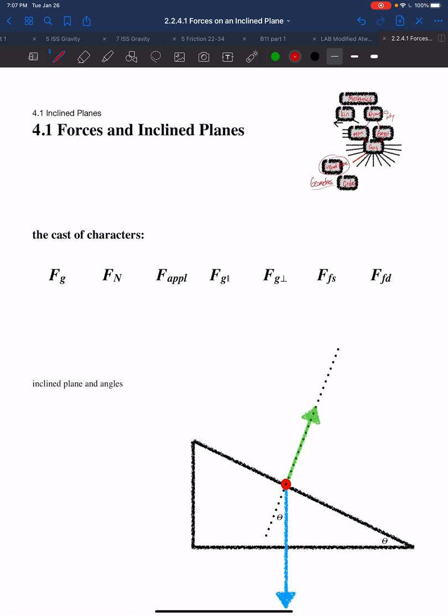So first, the cast of characters of the forces for inclined planes. We have the weight, or the force of gravity. We also have the force normal, or the normal force, which we know means perpendicular to the surface. We have the applied force.